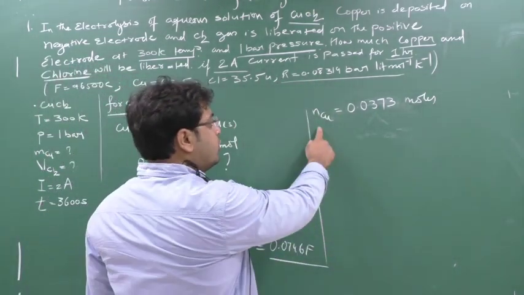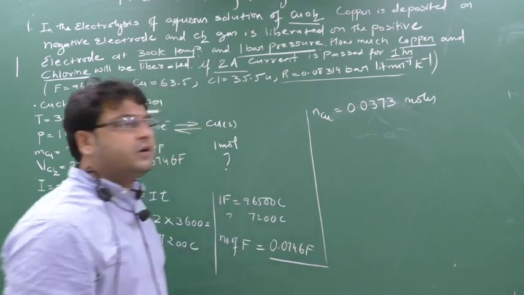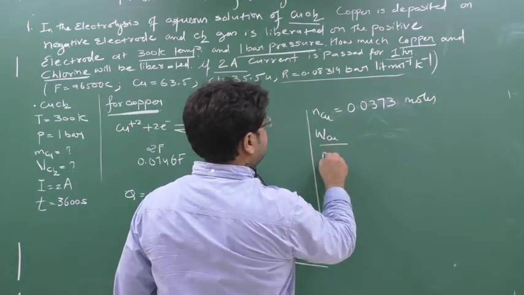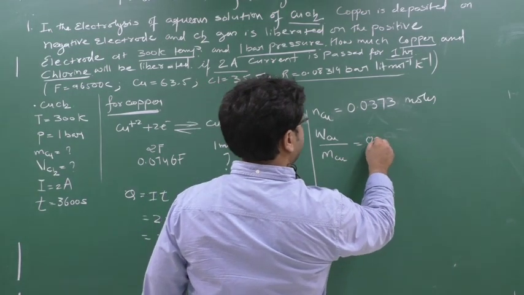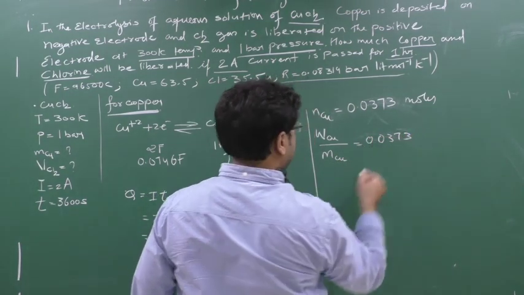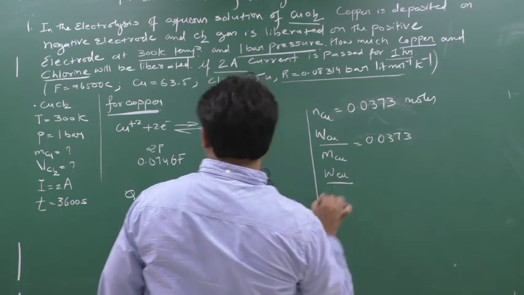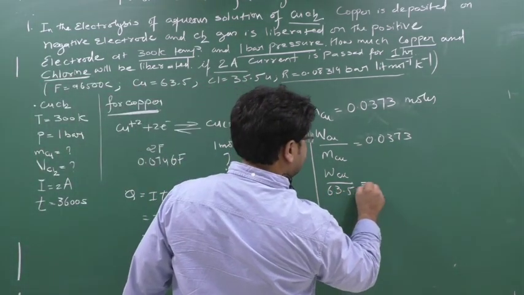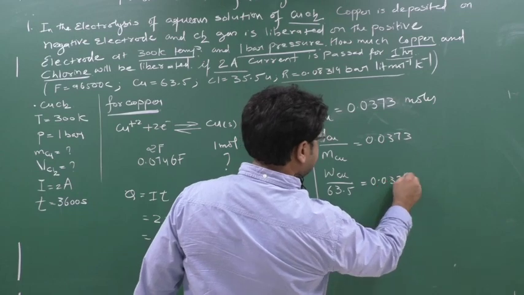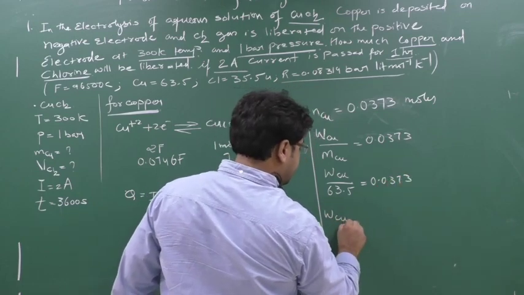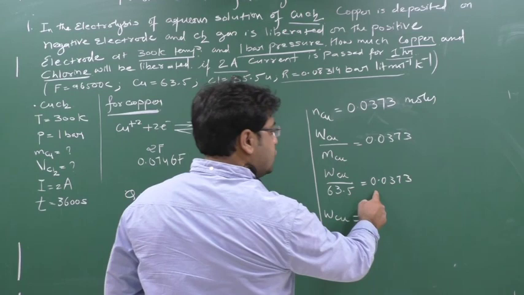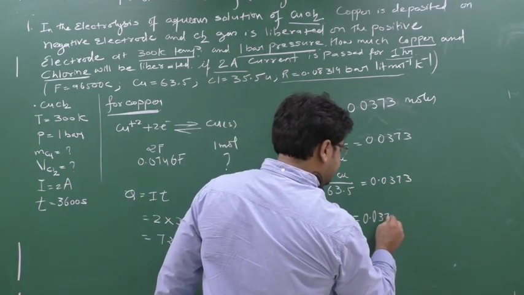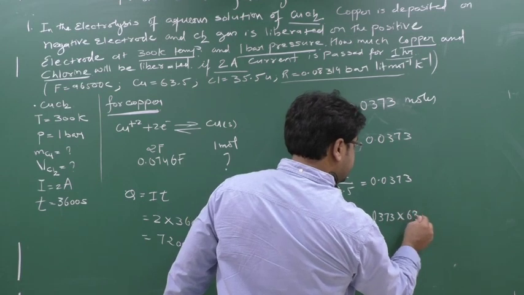Now you know moles of copper. From moles I have to determine what? Weight of copper. So I know one formula, that is moles equals weight of copper divided by molecular weight of copper. That is 0.0373 equals weight of copper divided by 63.5. So how much weight of copper will I get? I multiply 0.0373 by 63.5.